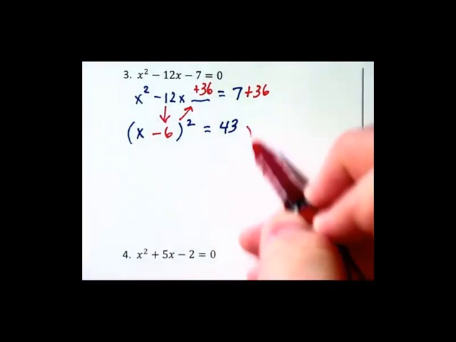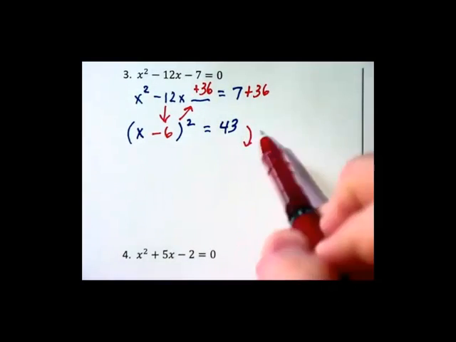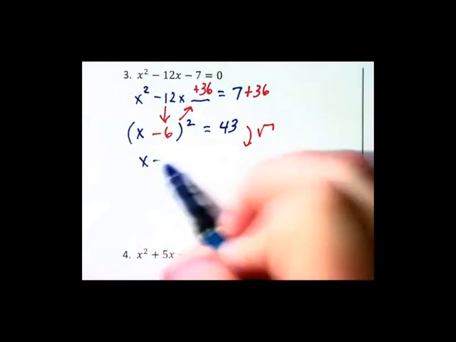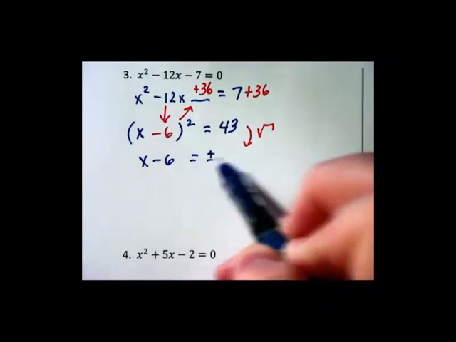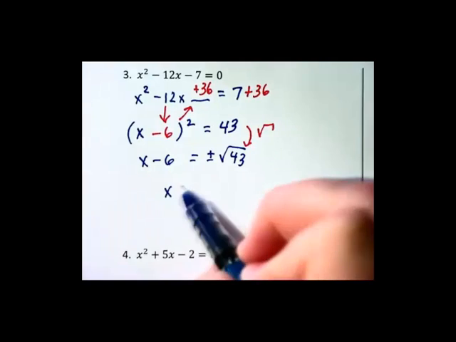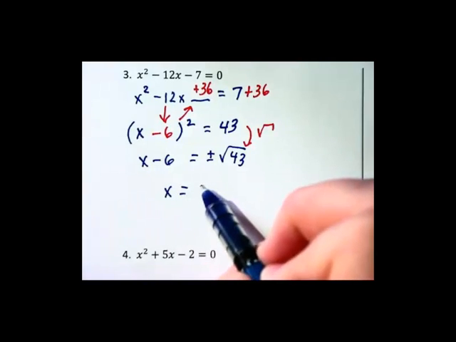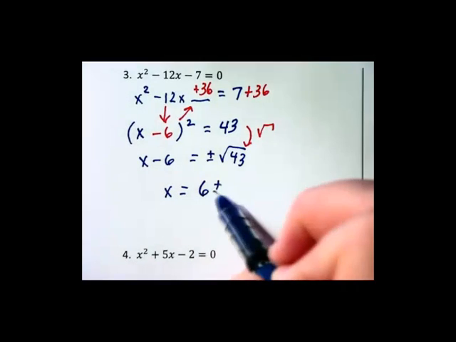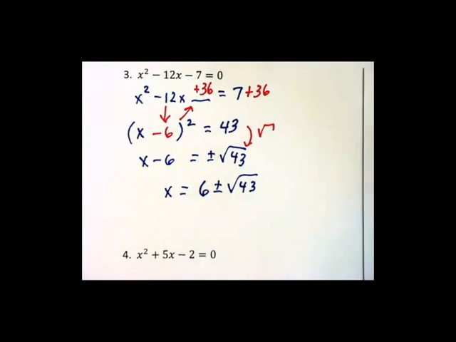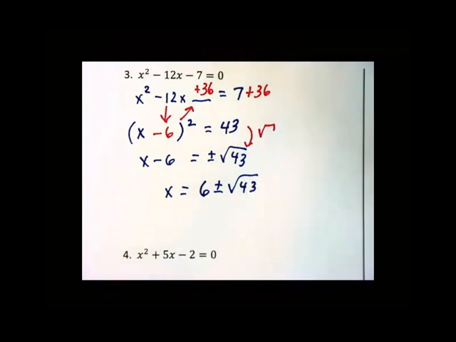Now, square rooting each side of the equation, I probably should write a square root symbol there, gives us x minus 6 equals plus or minus, don't forget that, root 43. And we have x equals, adding 6 to both sides, 6 plus or minus root 43. Two irrational solutions, neither of which we probably want to check, but they are checkable if you want to.